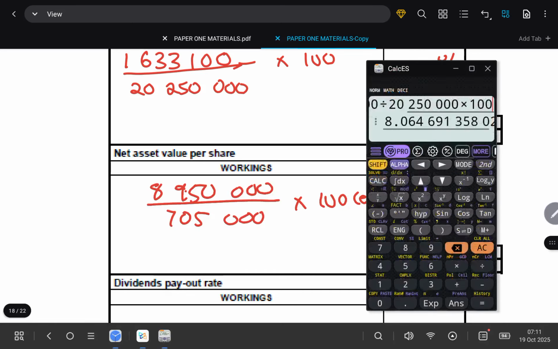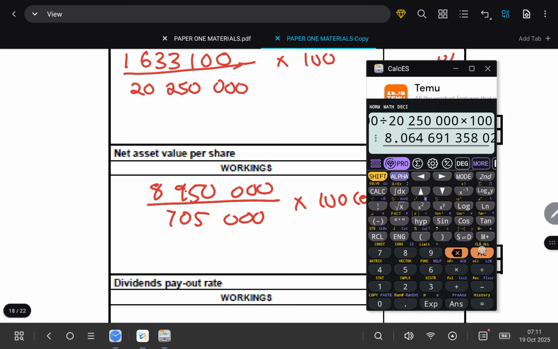So we are going to say 8,950,000. Okay, let me do it like this. Let me see if I can use it. So we're going to say 8,950,000, and then we divide it by 705,000, and then we multiply this by 100.